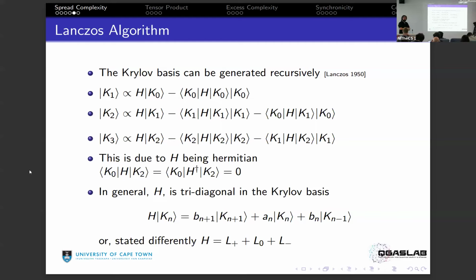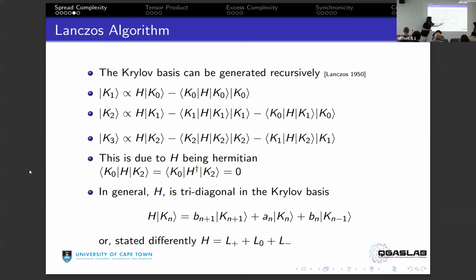And one interesting thing to note, though, is that if you consider a Hermitian Hamiltonian, then when you act with the Hamiltonian again, I'm not going to generate anything proportional to K0. The Hamiltonian, if it's Hermitian, will be tridiagonal in the Krylov basis. So what's happening here is that you're taking an arbitrary Hamiltonian and reference state, and you map the dynamics of this onto this Krylov chain. So it's a nearest neighbor chain.